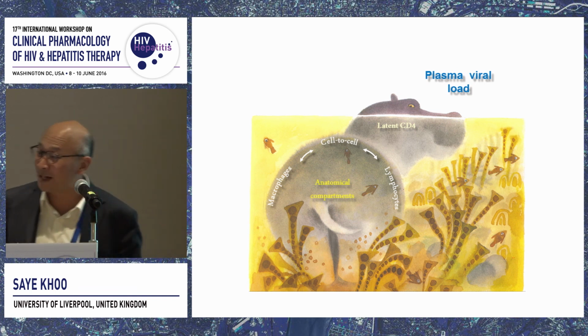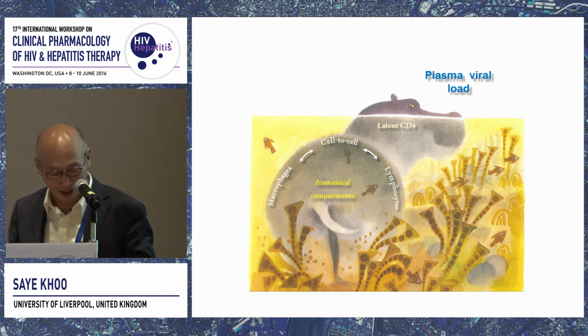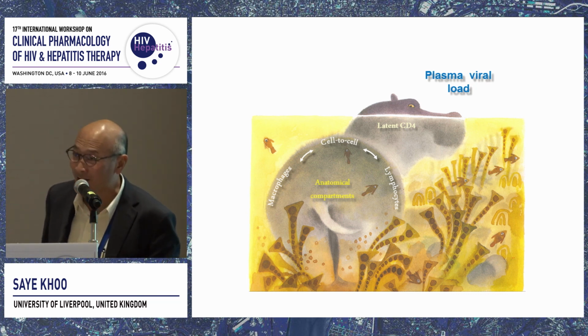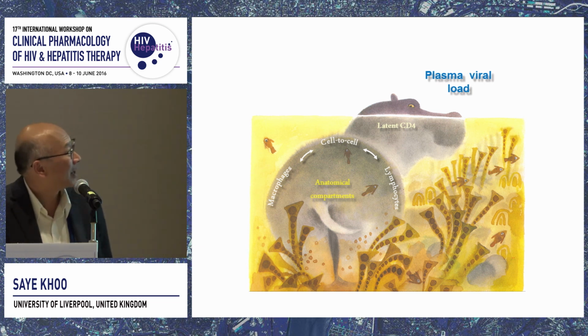So why the hippopotamus? This was nothing to do with David, actually. But my African friends tell me that you don't in Africa say the tip of the iceberg, you say the eyes of a hippopotamus.